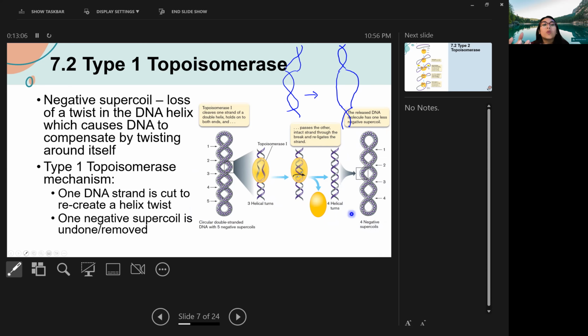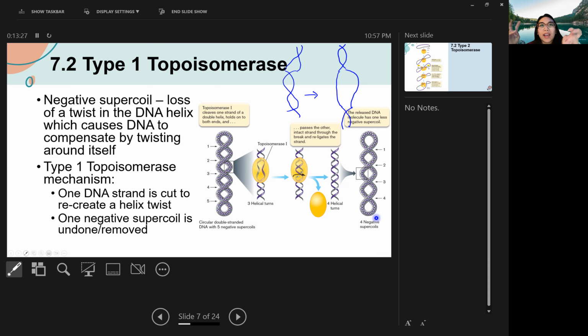So again, a negative supercoil is a way for the DNA to compensate for the fact that it's lost a helix twist. So in this case, it has lost 5 helix twists, but the topoisomerase will come and reestablish one of the helix twists. And so then now we only need 4 negative supercoils because now the DNA is slightly more happy.